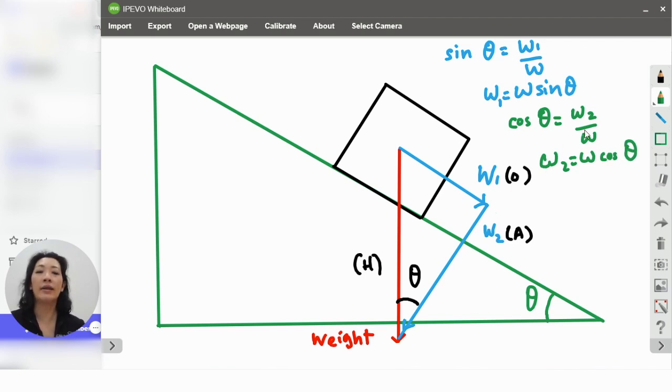So what is the purpose of knowing the value of W2? Why do we need to know this? So when you look at the object that's placed on the surface here, recall what you have already learned about the concept of reaction forces. A reaction force is a force that is acted upon the object by the surface that it is sitting on. Normally, the object is exerting weight on the surface.